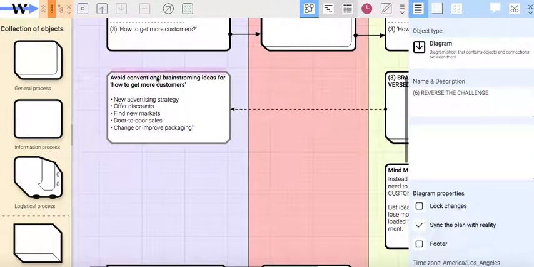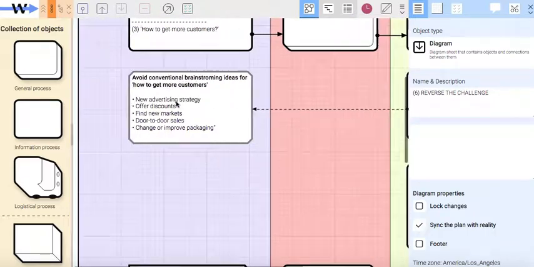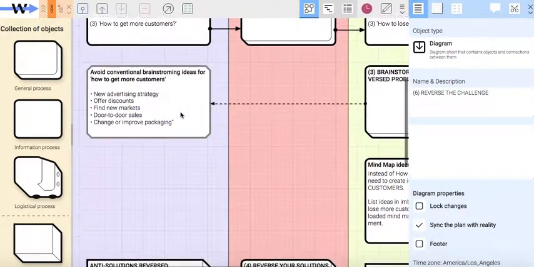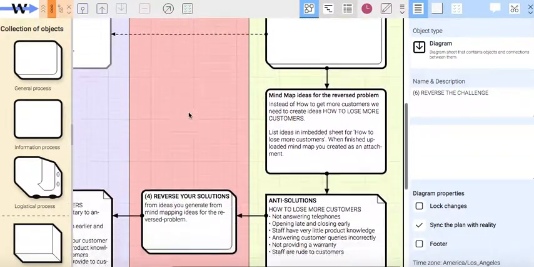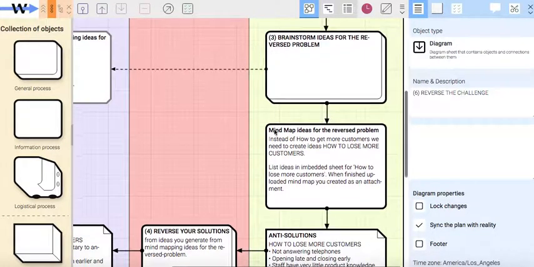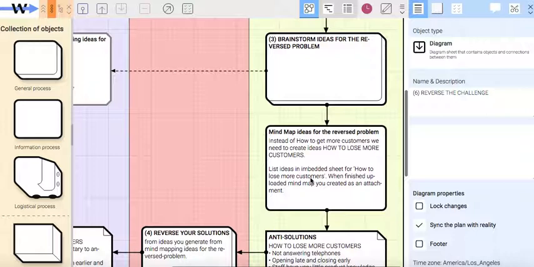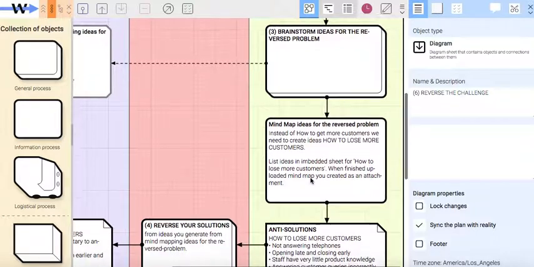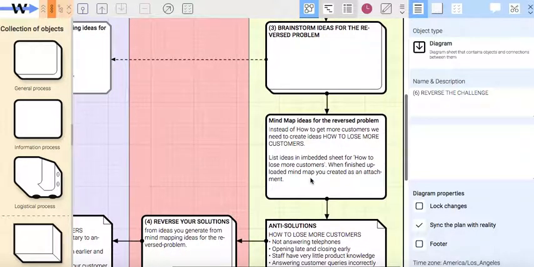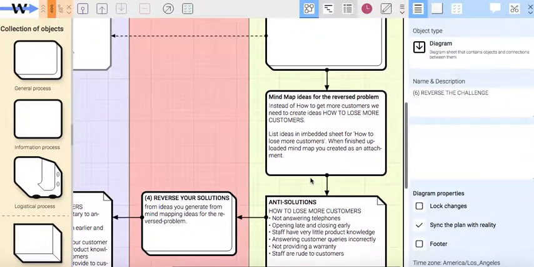So we want to avoid these right here because they're the normal questions that you ask for how to get more customers. Instead, we're going to mind map ideas for the reverse problem. Okay? If you don't know what a mind map is, just quickly Google it and you'll see that it allows you to take a centralized idea and map out all your ideas on one page.